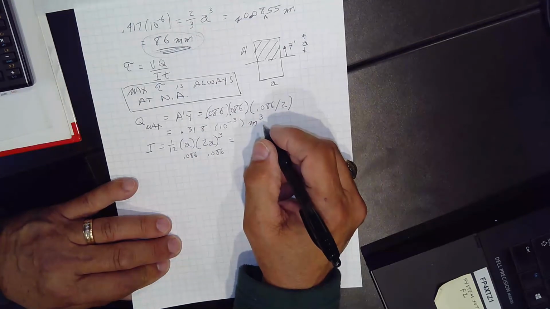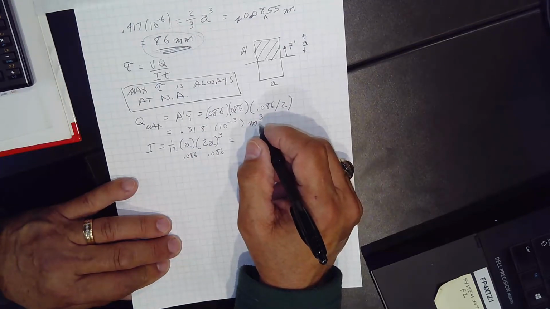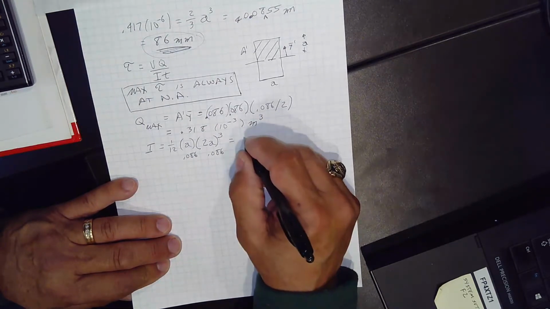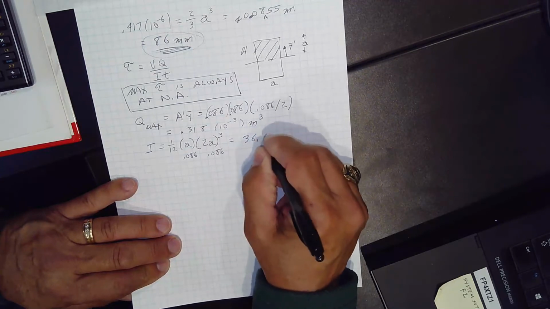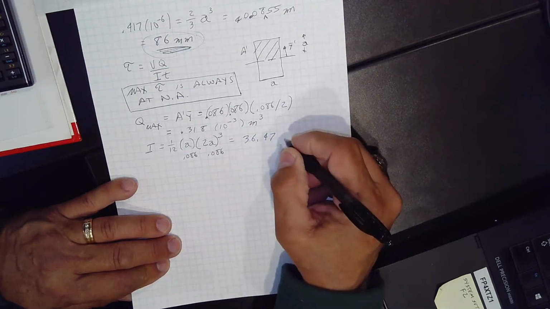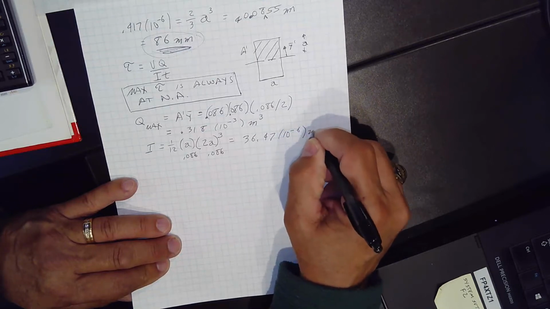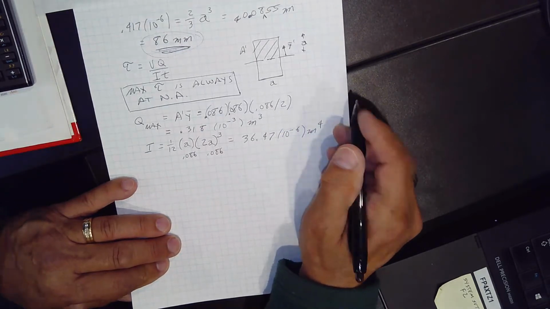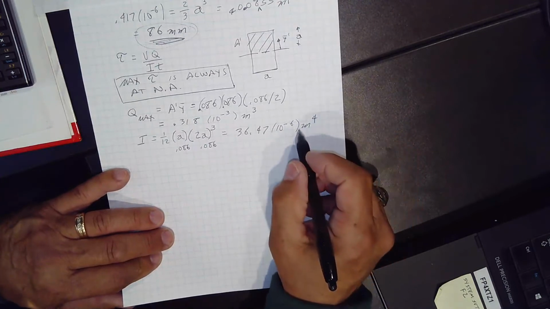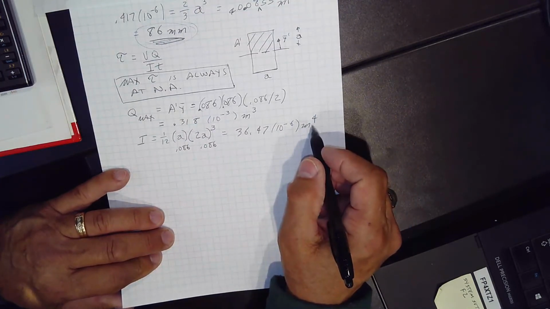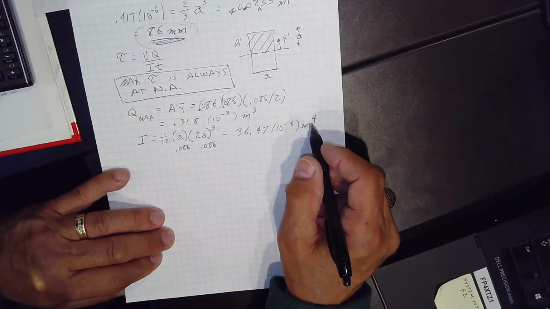And so the moment of inertia is going to come out to 36.47 times 10 to the minus 6th meters to the 4th. Now I have to admonish you all, watch your units. People are goofing up units, right? So be careful on your units.